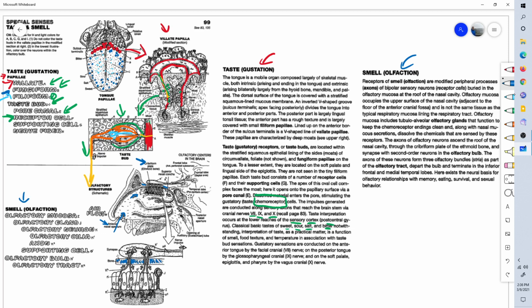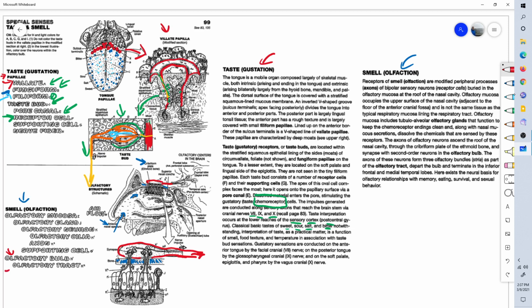On top of the cribriform plate lies what's called the olfactory bulb. That's the olfactory bulb. And it sends nerve impulses down the olfactory tract, down this way. Here's the olfactory tract. Here's the olfactory bulb.